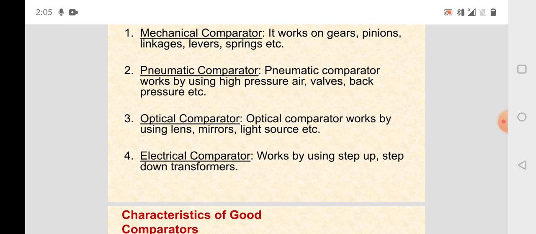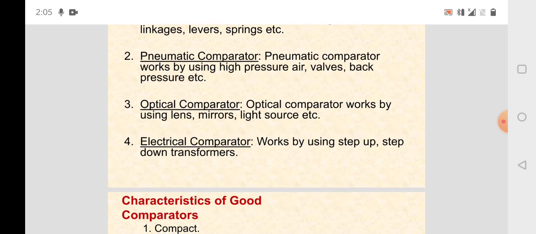Then there are electrical comparators. It has got a very small number of moving parts, so accuracy is high, magnification is also high, so we can magnify to any limit. Then the pointer is very light, and we can say that it is also not sensitive to vibration, as the moving parts are very less, but it requires an electric source.